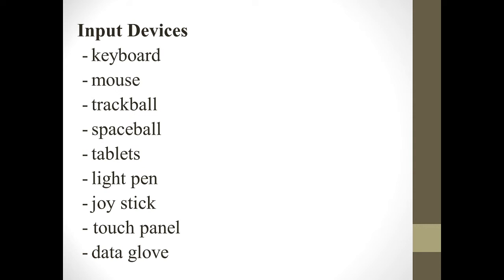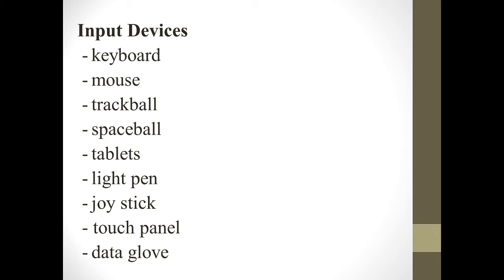to any image. So, here are some input devices listed in this slide: keyboard, mouse, trackball, spaceball, tablets, light pen, joystick, touch panel, and data glove. These input devices are basically used in computer graphics.